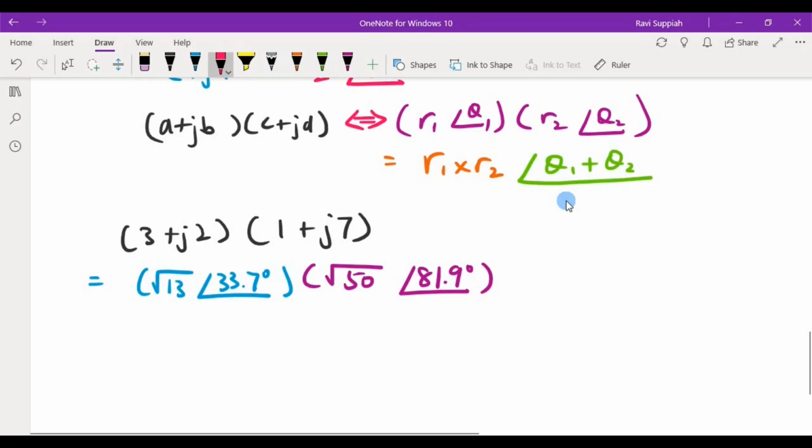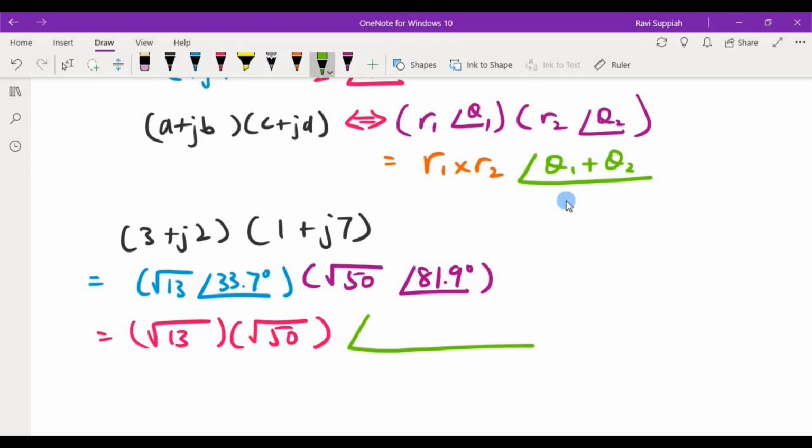And the next step, like what I've shown you here, is you multiply the R values together and then you add the angles together. So 33.7 degrees plus 81.9 degrees.